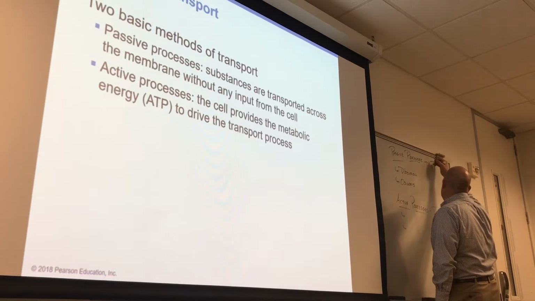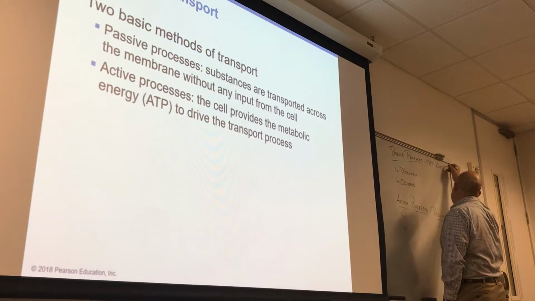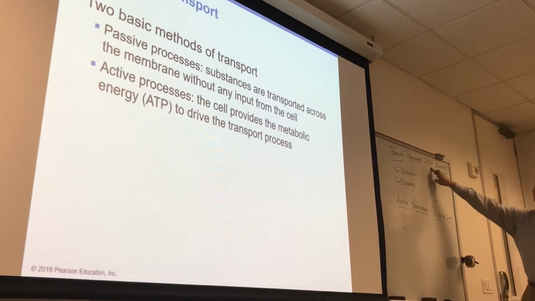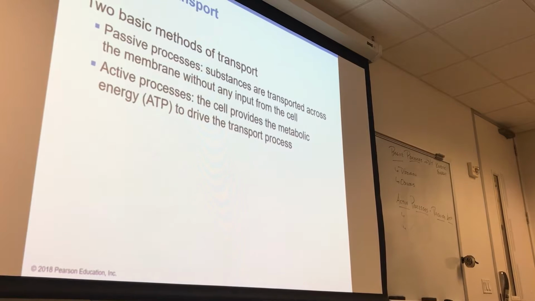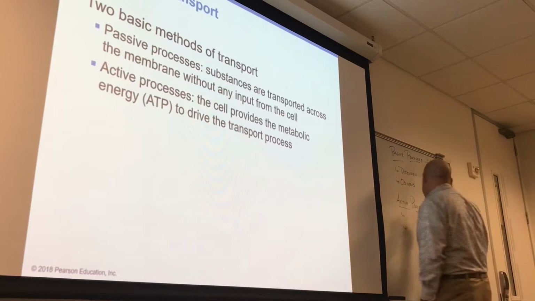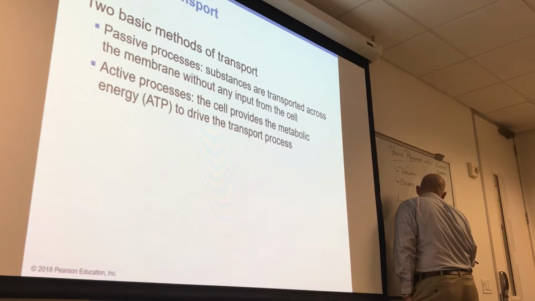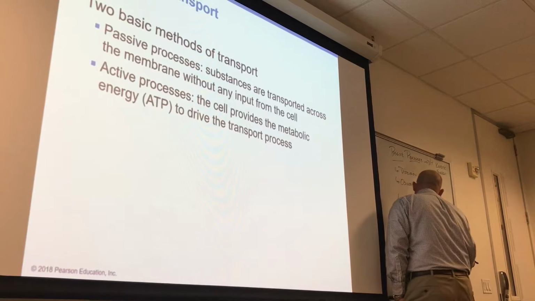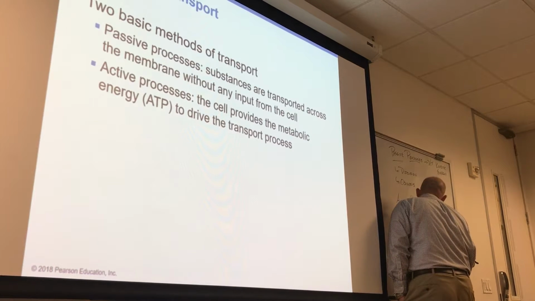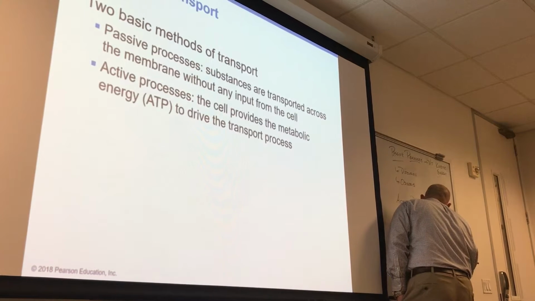Passive processes occur due to what's known as kinetic energy. And again, kinetic energy is defined as just the natural movement of material in the body. So the active processes that we're going to talk about today are active transport, endocytosis and its varieties, and exocytosis.